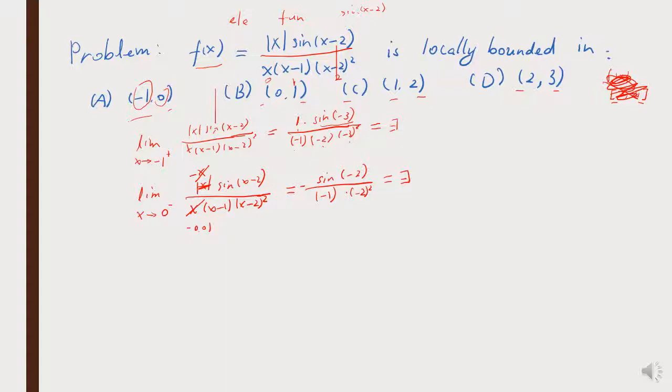According to the locally bounded theorem we learned in the last lecture, because the limit exists at the point 0, within the local area of 0 the function f(x) is locally bounded.